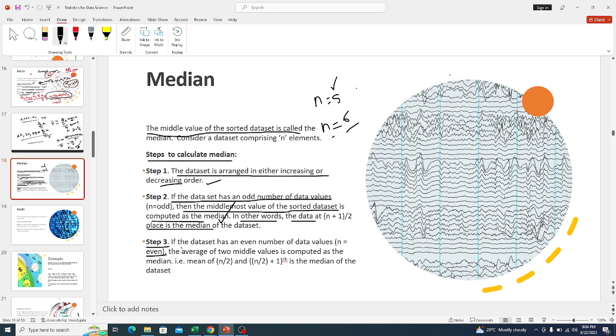In case the data set has an even number of data values, where n is even, then the average of the two middle values is computed as the median. All right, that's all about median.